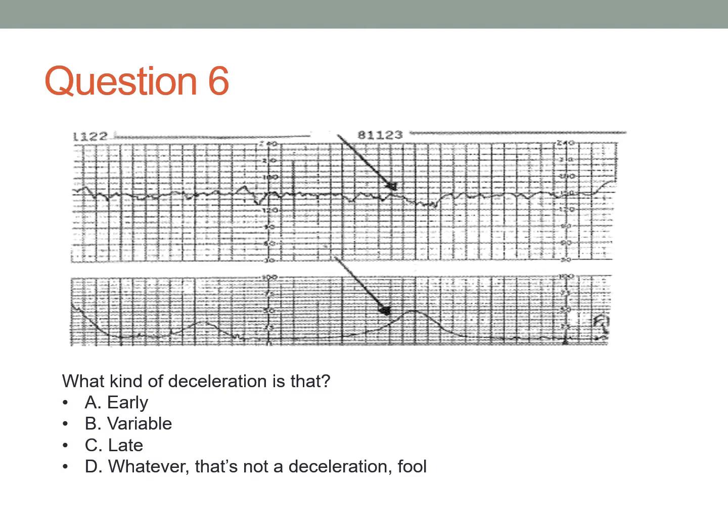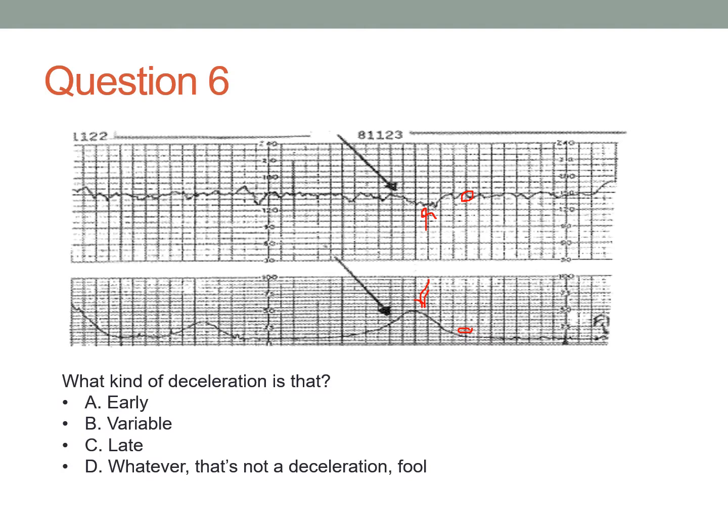What makes it an early is if you look at it, the onset, nadir, and recovery mirror the contraction. So when you are at the nadir of the deceleration, that's about right here, you're at roughly the peak of the contraction. And once the contraction is done right here, you're fully back to baseline here.